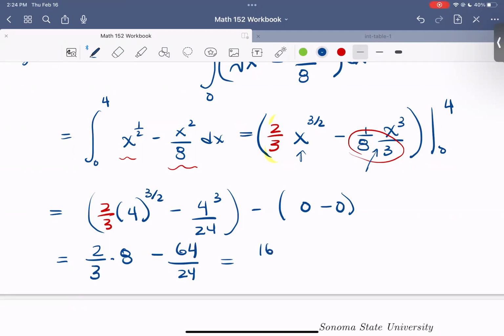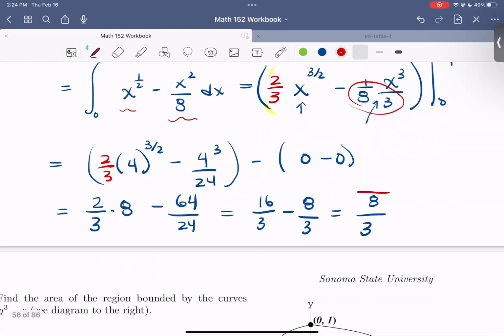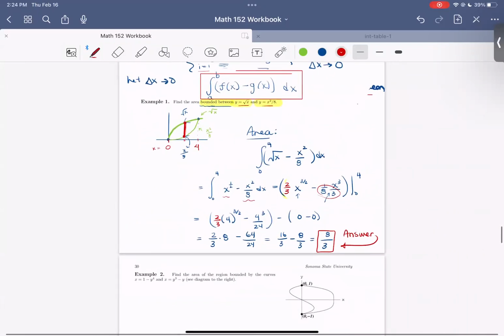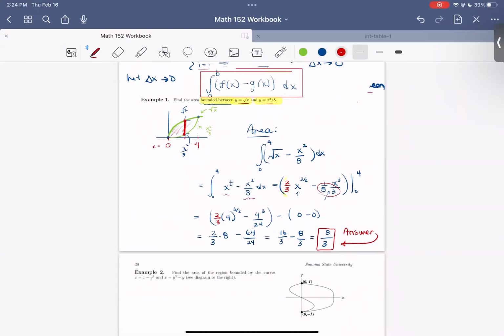There we go. So now we have 16 over 3 minus, that becomes 8 over 3 when we reduce. So 16 minus 8 gives us 8 over the denominator of 3. So our answer here is 8 over 3. That means the area between these two curves is 8 over 3.